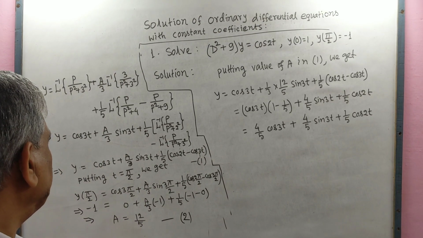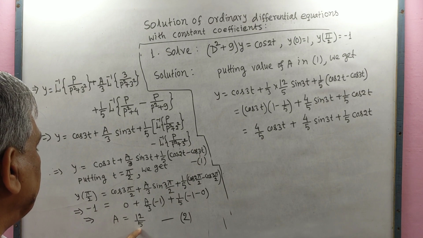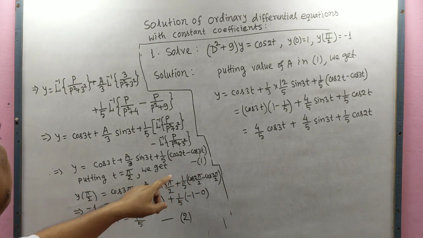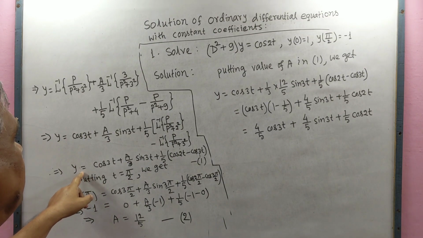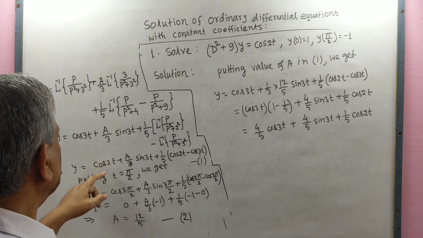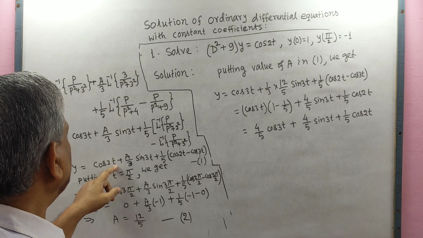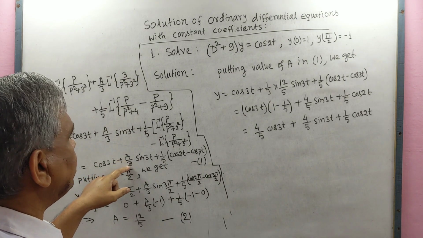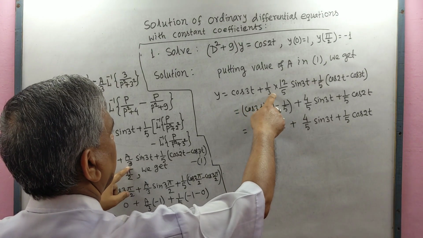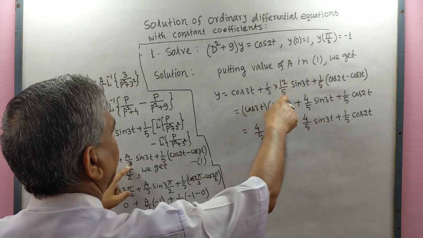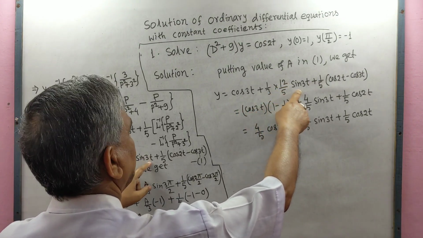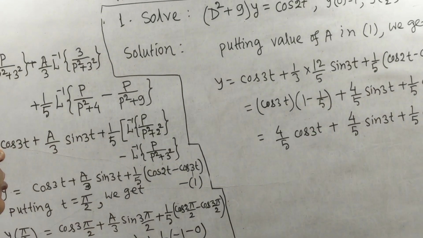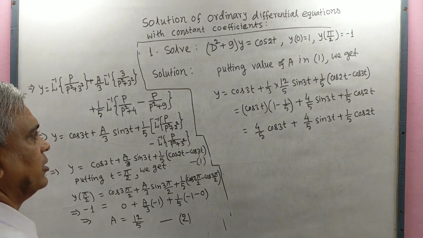Now we put the value of a equal to 12 by 5 in 1. Here y equal to cos 3t plus 1 by 3, value of a is 12 by 5, sin 3t plus 1 by 5 (cos 2t minus cos 3t).